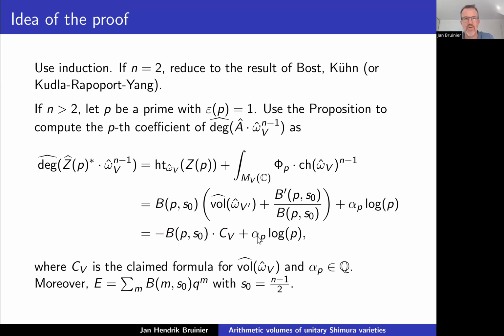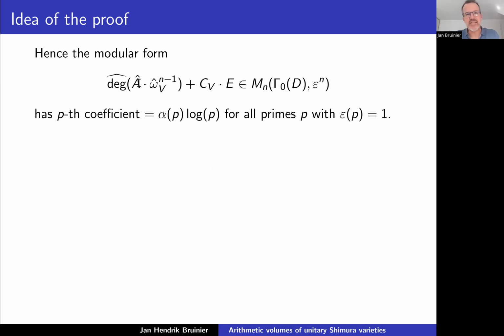Okay, but what does this mean? This means that if we take the degree generating series and add the claimed formula for the volume times the Eisenstein series, then some of the coefficients are just of the form alpha p times log p, namely all coefficients with index p where p is a split prime.